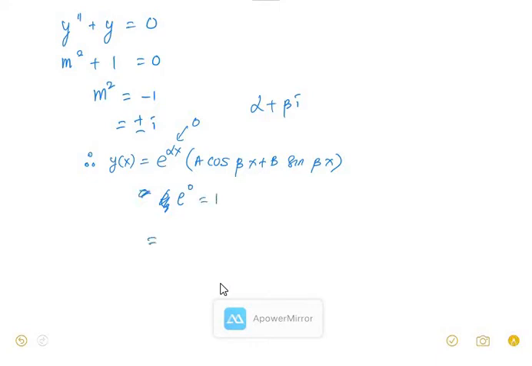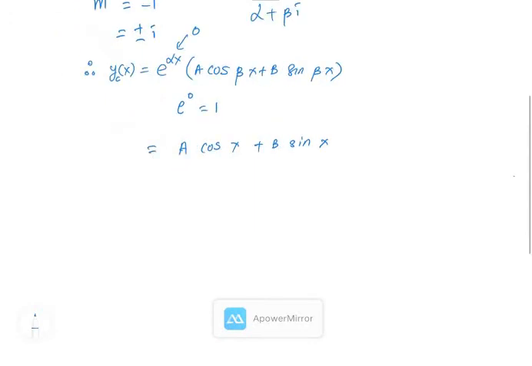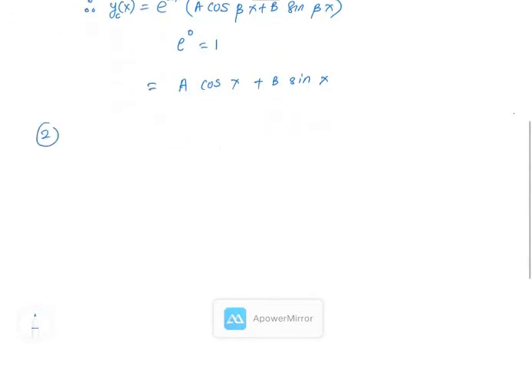So here you will get a cos x, because beta is 1, plus b sin x. So this is the yc. So second step, you need to find the yp, because it is non-homogeneous.